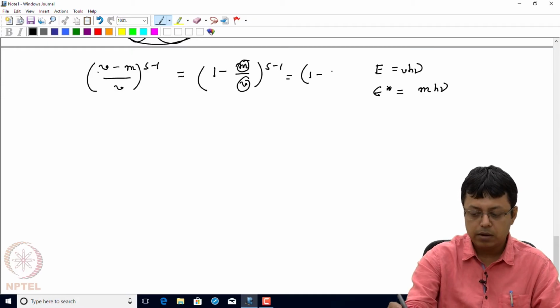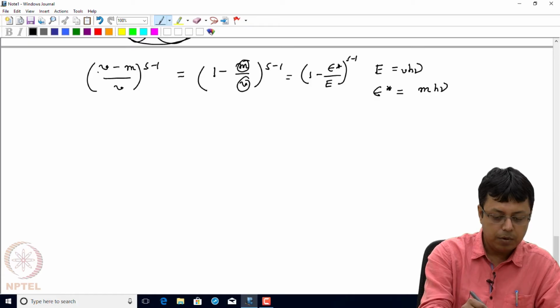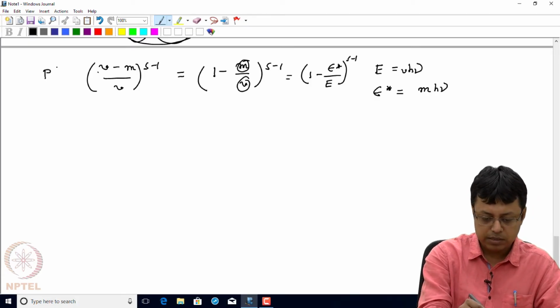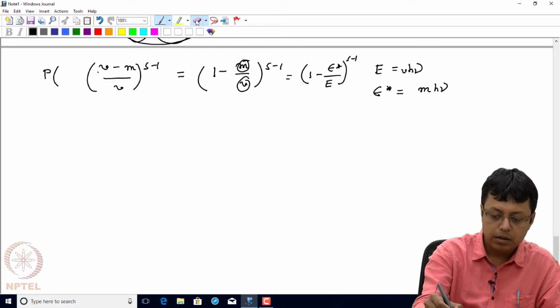It's pretty straightforward. Then we'll get something like (E star divided by total energy) to the power S minus 1. That will be the probability of, let me write it very carefully notation-wise.